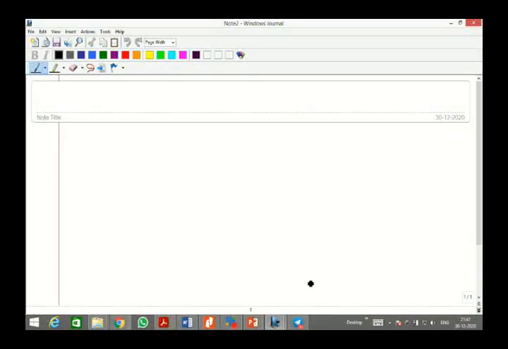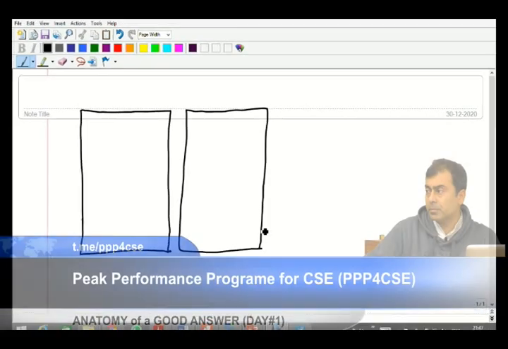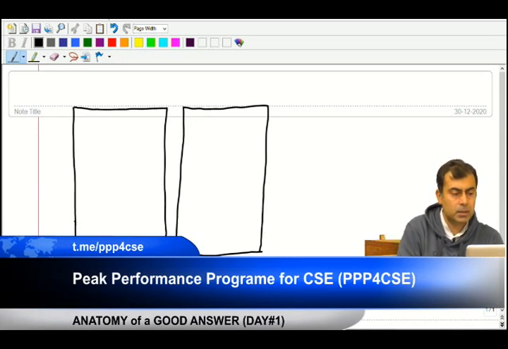If I was to write this answer, I will take 2 pages. These are my 2 pages. If I were to write this answer, first I will establish the context of this question.